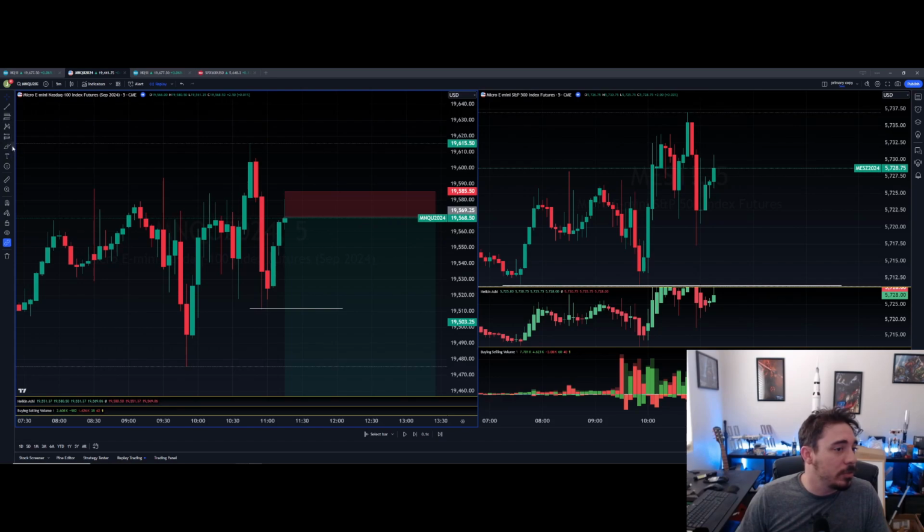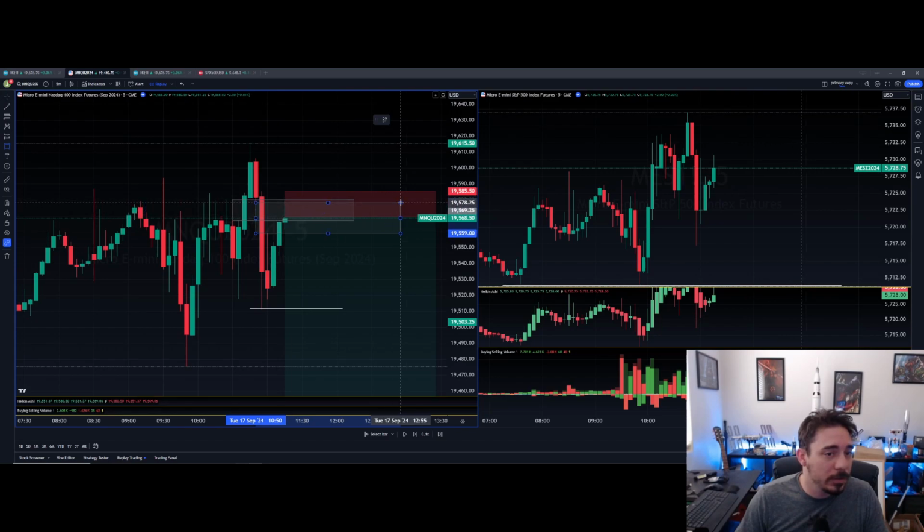So let's do this. Alright, so what I see immediately is an overlap of gaps. So we have this bullish fair value gap here, and we have another gap here, but it's a bearish gap. Where is it?